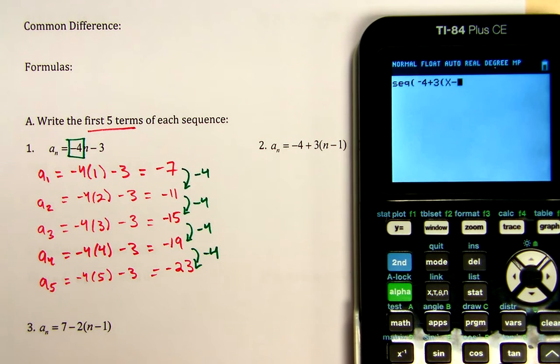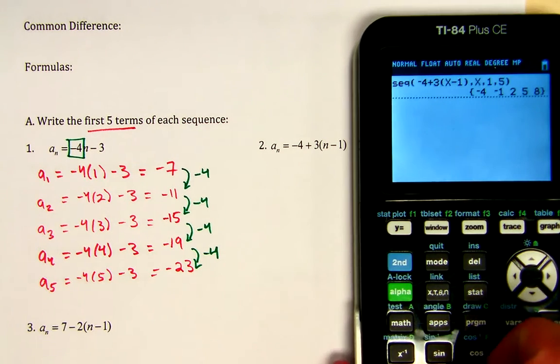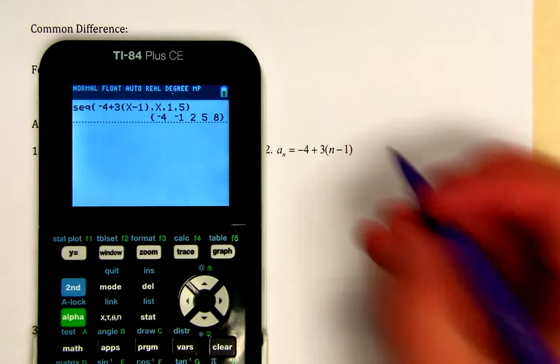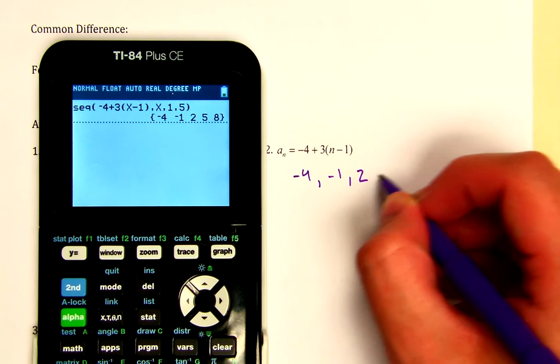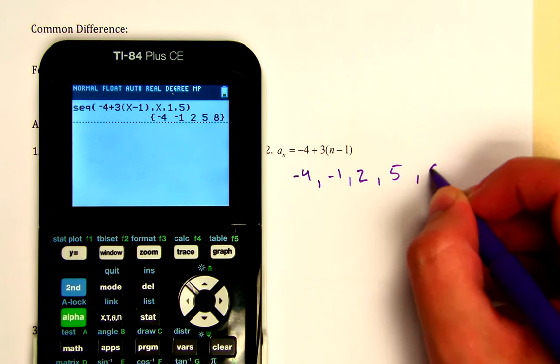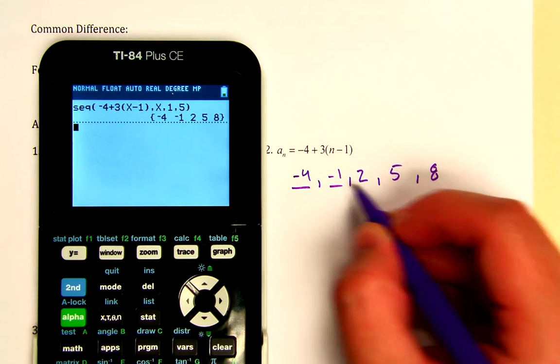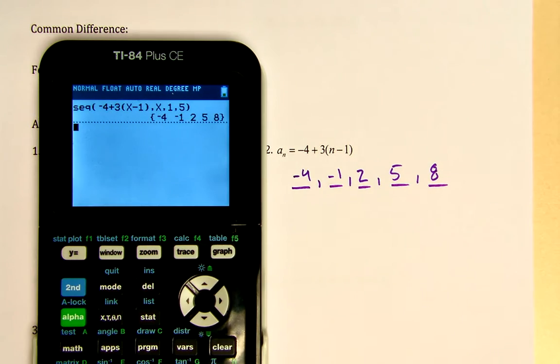I'm calling x, and I want the first 5 terms, so 1 through 5. And it gave me that there. So the first 5 terms are negative 4, negative 1, 2, 5, 8. Term 1, term 2, term 3, term 4, term 5.